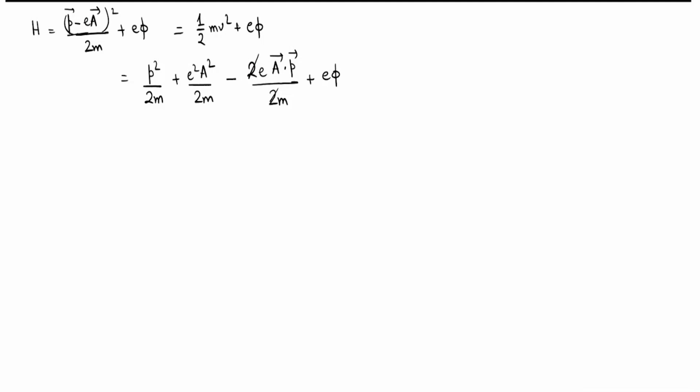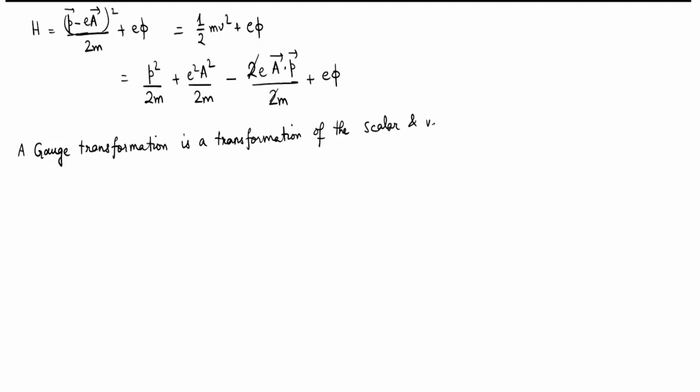So a gauge transformation is a transformation of the scalar and vector potentials such that the fields, the electric fields and the magnetic fields, remain the same.